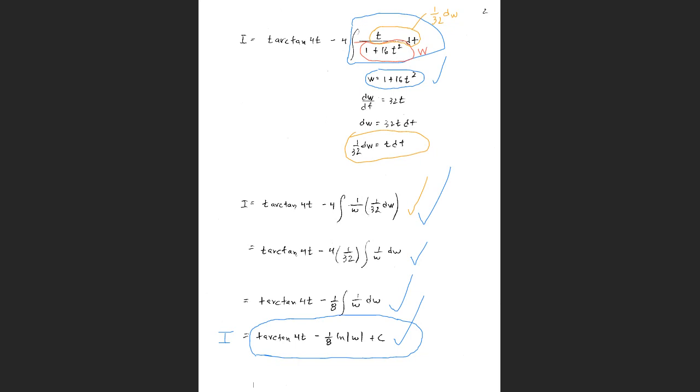Professor? Yes, say it. What if we kept the constant 4 in the antiderivative, like 4t over 16t squared plus 1, and then directly see that as d of u over u? So you're talking up here? Yeah, like here. And then from that, go directly, because we know that d of that would equal 1 over 8.